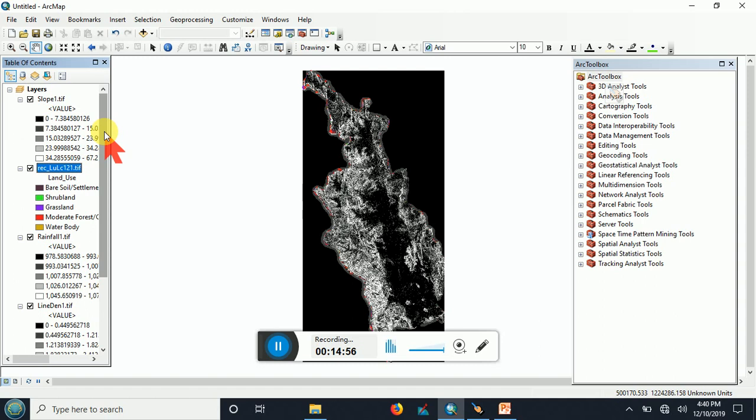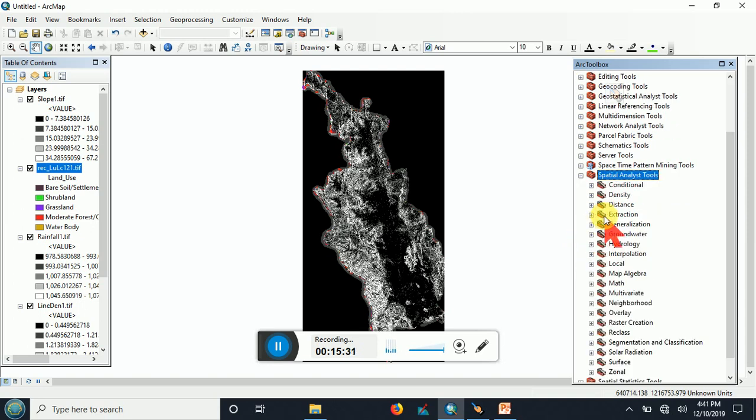It means we need to reclassify again those three thematic layers. That means the slope, the rainfall, and the alignment density have to be reclassified in real. To reclassify, please go to the Spatial Analysis tool in your ArcToolbox.